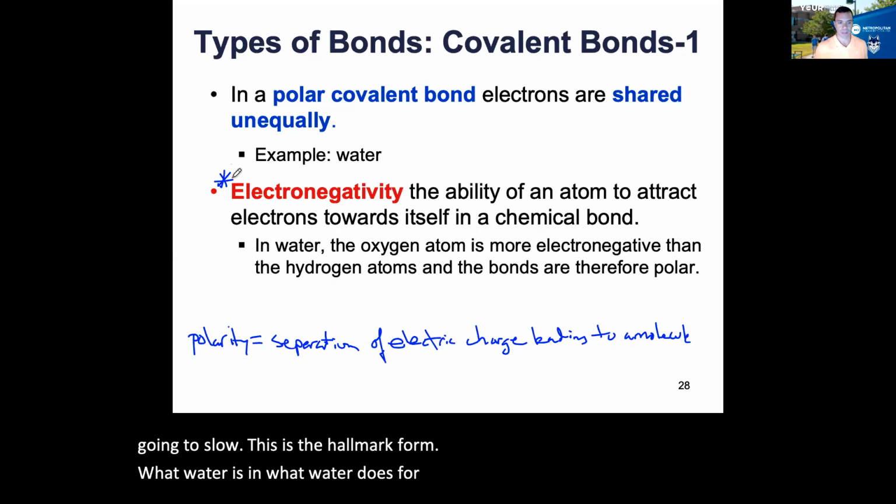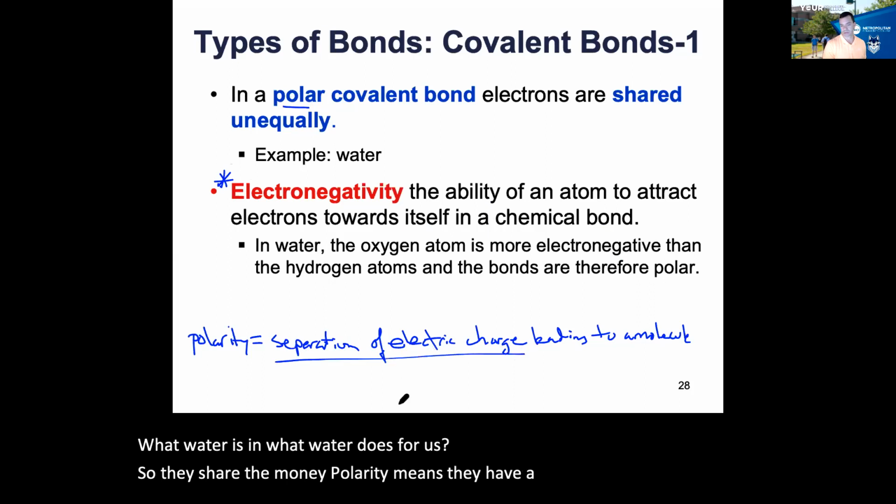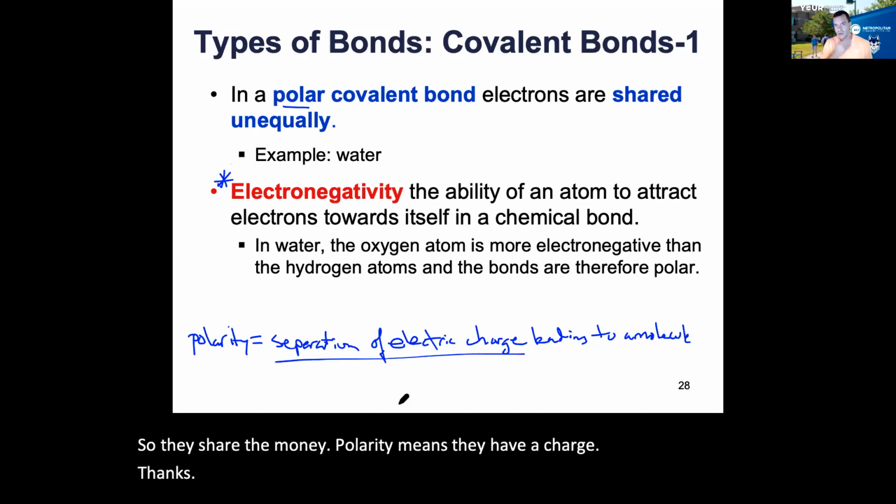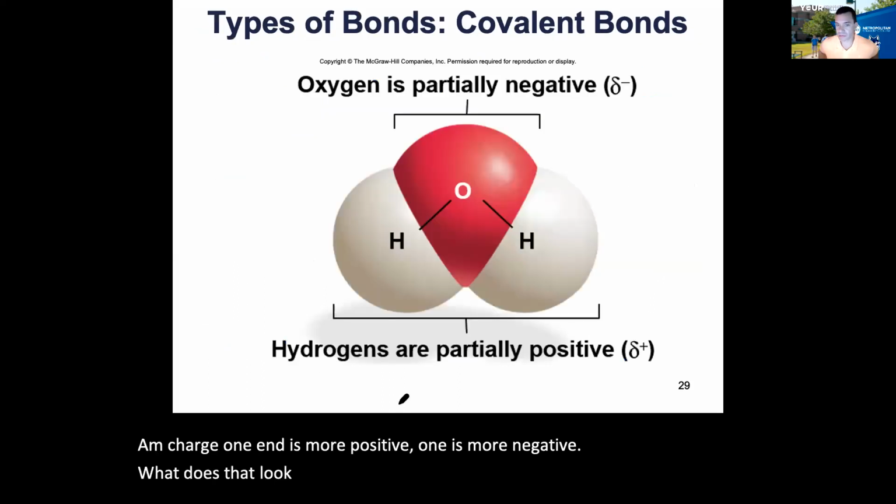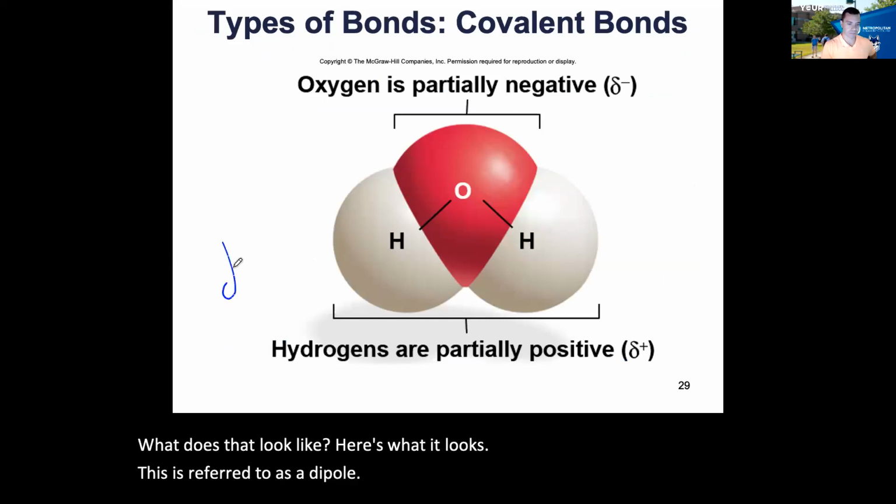So they share them unequally. Polarity means they have a charge. One end is more positive, one end is more negative. What does that look like? Here's what it looks like. This is referred to as a dipole.